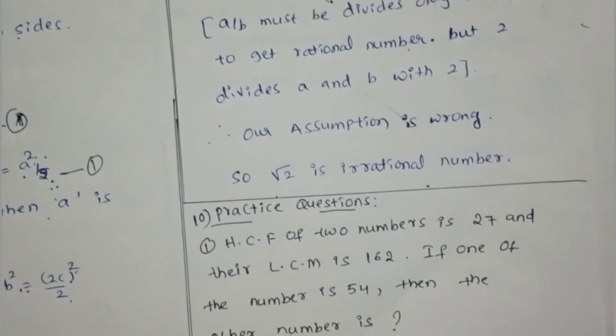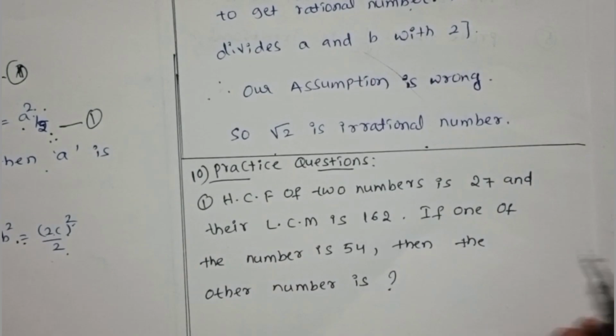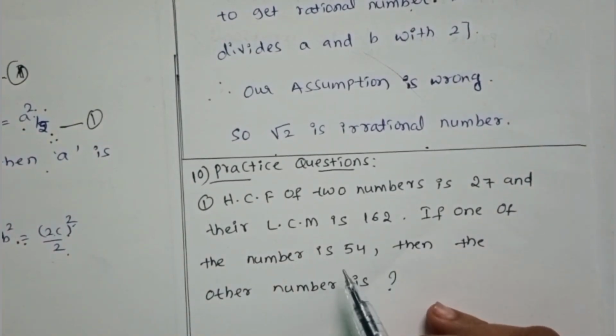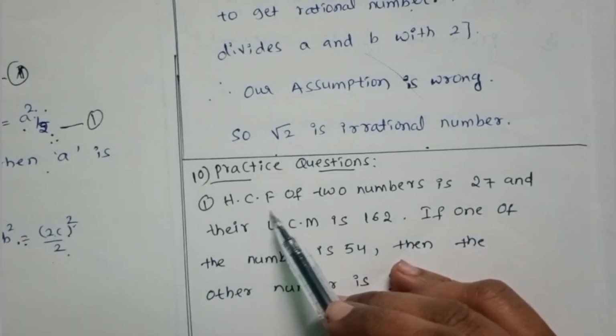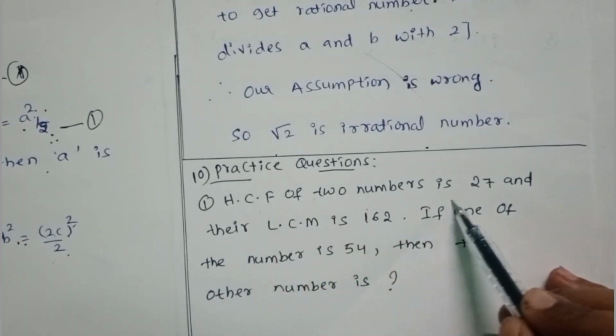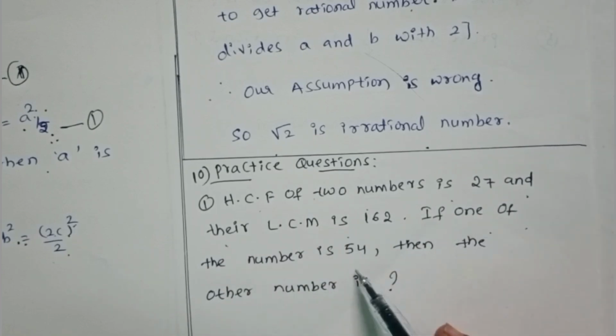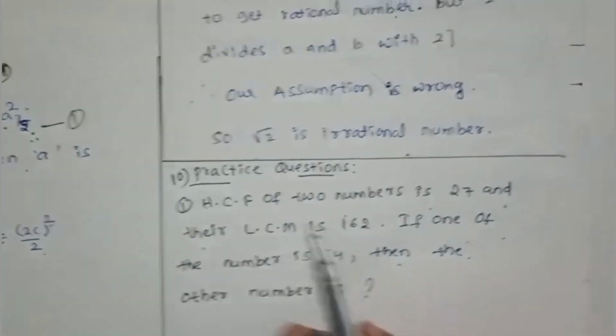Next, here I have given practice questions. 5 practice questions. Practice each and every question that I have written here. Copy in the notes. First, HCF of 2 numbers is 27 and their LCM is 162. If one of the numbers is 54, then what is the other number?